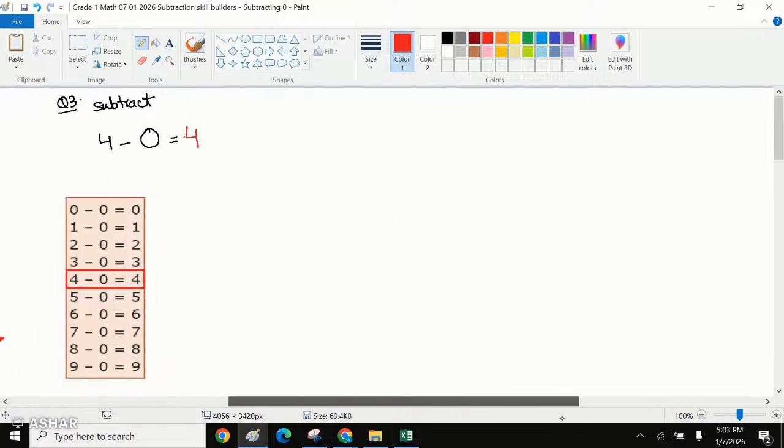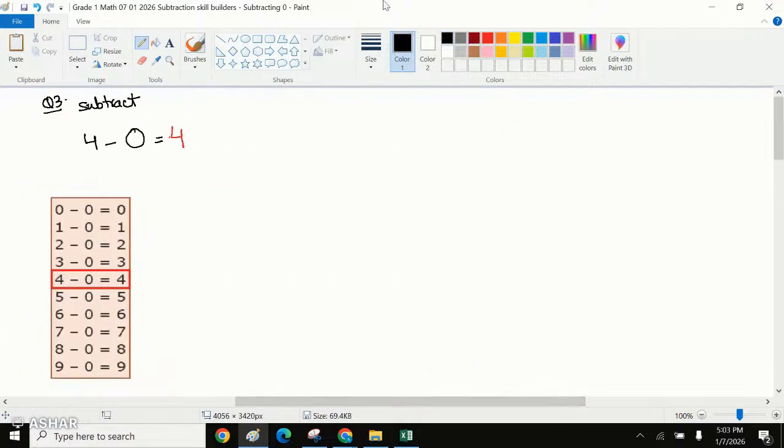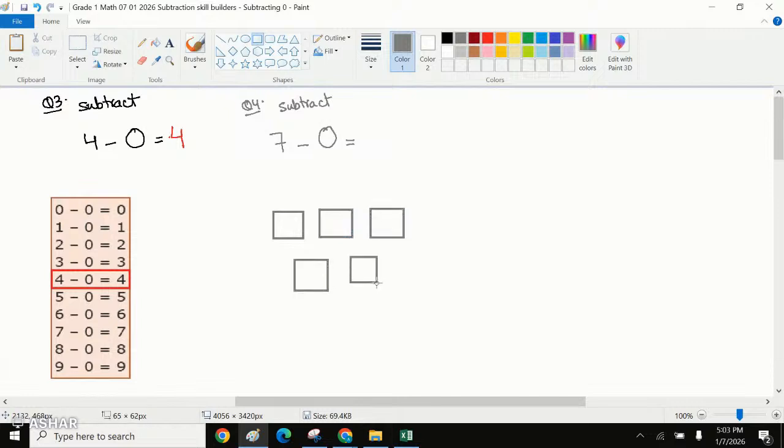Let's change something in the next question. In question number 4, if I say subtract 7 minus 0, that means if we had 7 boxes, 1, 2, 3, 4, 5, 6, and 7.